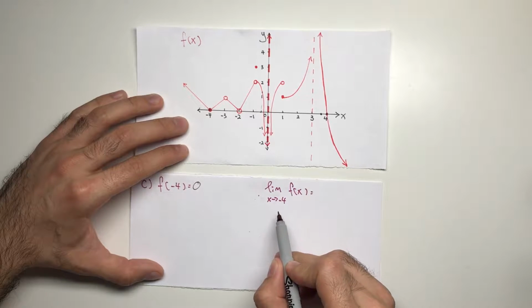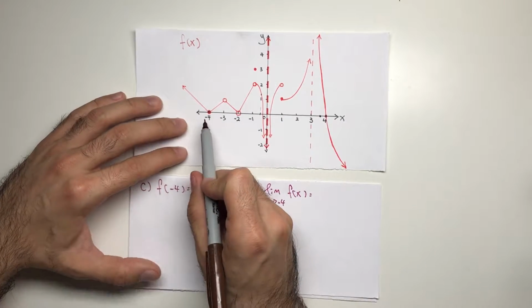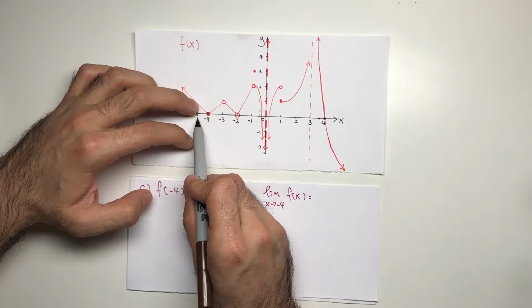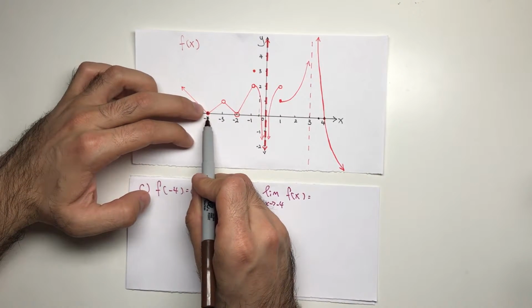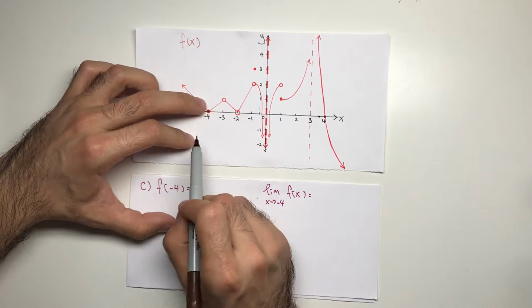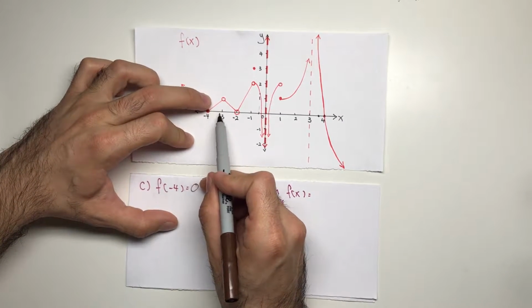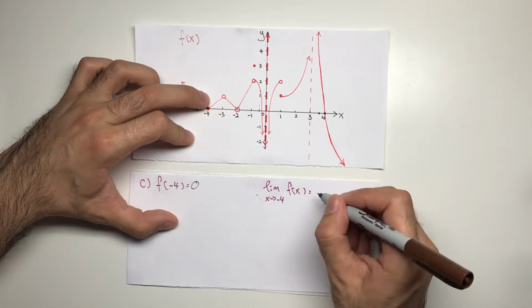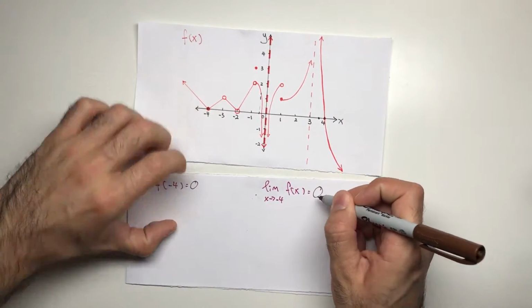So we'll just look at the limit as x approaches -4 of f of x. We can still look from the left and from the right, though. We can still approach -4 from the left, and we see that we get 0. And we can approach from the right, and we can still see that as x approaches -4 from the right, we get 0. So this limit exists, and it's 0.